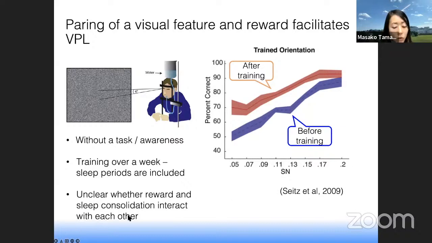Importantly, the training was always conducted over multiple days, for about a week or so. So subjects had a night of sleep every time after rewarded training. Given that sleep is beneficial to learning, we wondered whether reward processing and sleep interact with each other to facilitate learning.